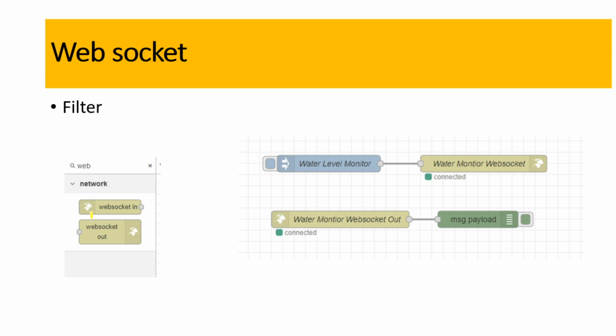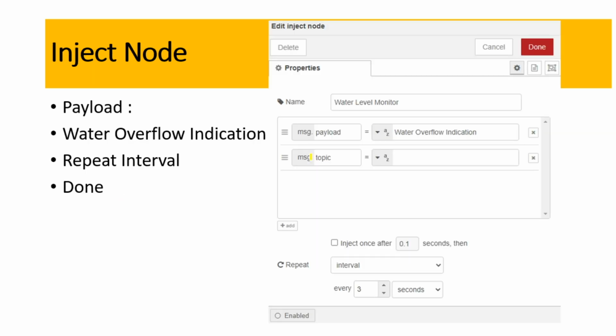I'm going to drag the WebSocket in and the WebSocket out and place them in the flow. One extra inject node is required to inject the data, so I'm going to select an inject node and configure its properties. The name I'm going to keep as water level monitor, and the message I'm going to send is water overflow indication.